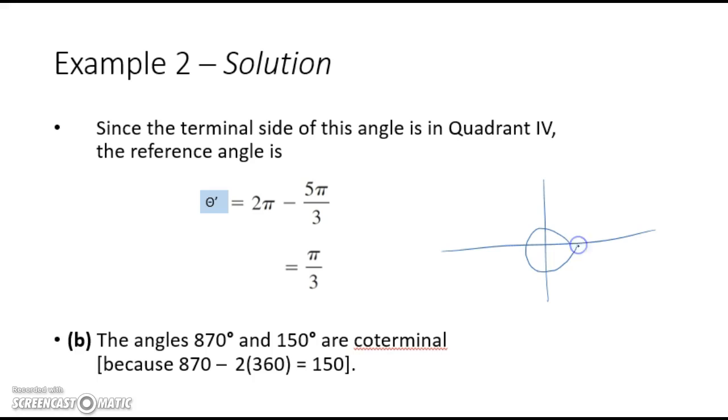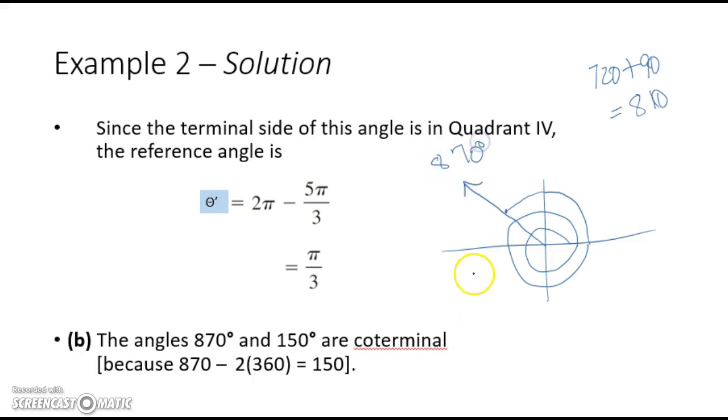Here's 360, here's 720, and 720 plus 90 gives us 810. So we're back here. And if we wanted to add, let's say we need to add another 60 degrees, so roughly about right there is going to be 870 degrees.